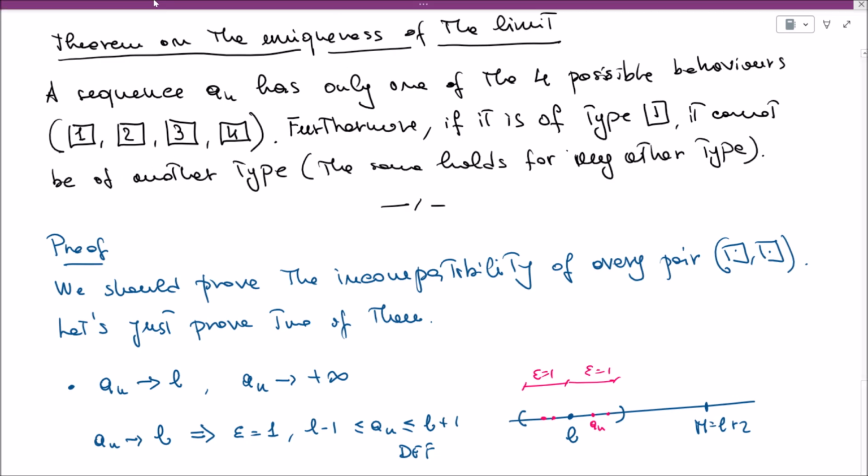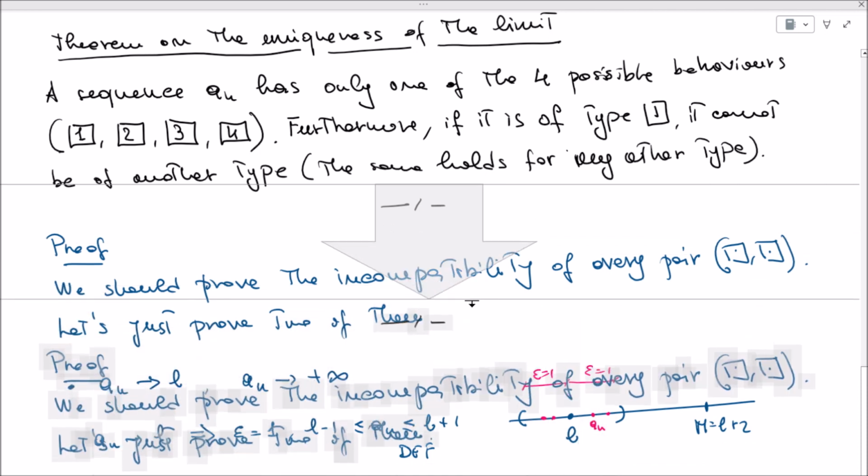There is also another part of this theorem which is maybe just better to include in the statement.